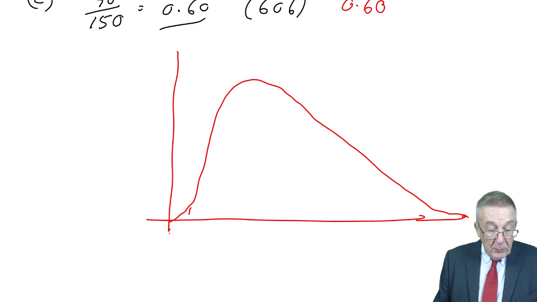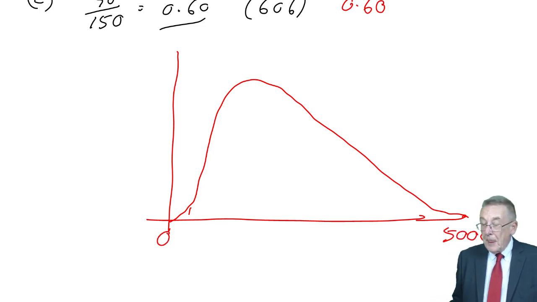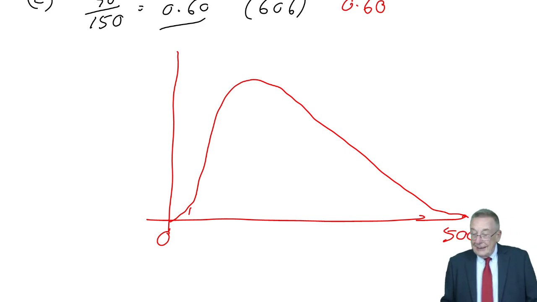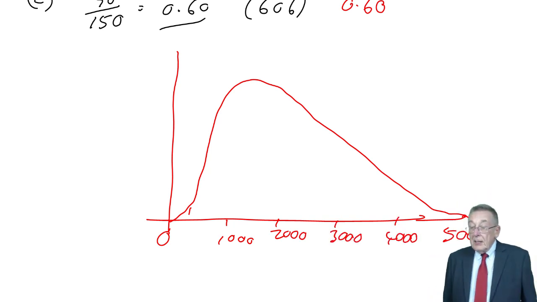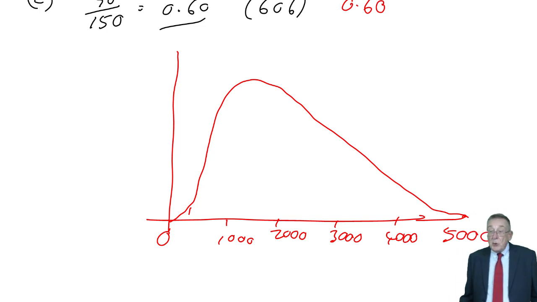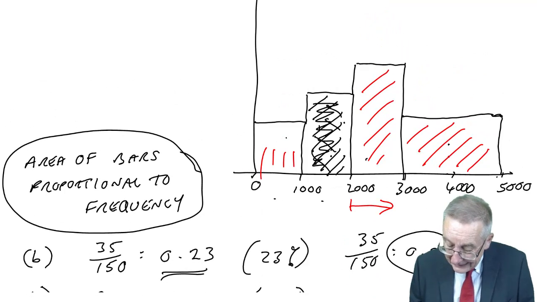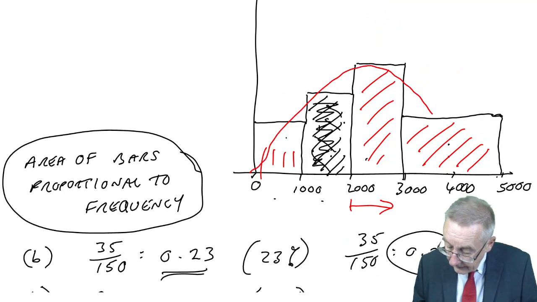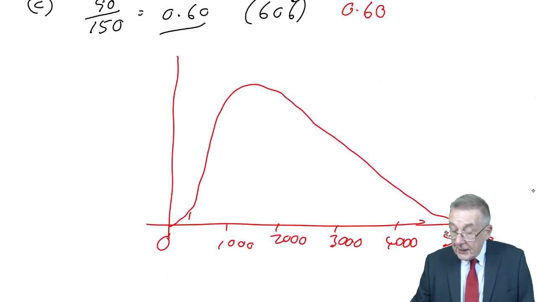And all this is effectively a smoothed out histogram. It could again be wages, so anything from 0 to 5,000: 1, 2, 3, 4. As I say, all that is a smoothed out histogram. If the bars got narrower and narrower, you'd end up with something like that. Well, the same rule would still apply.